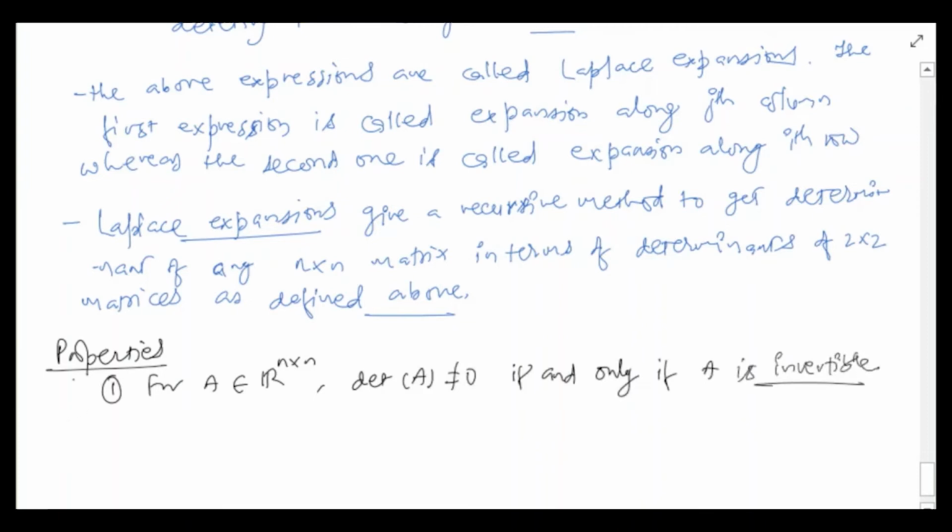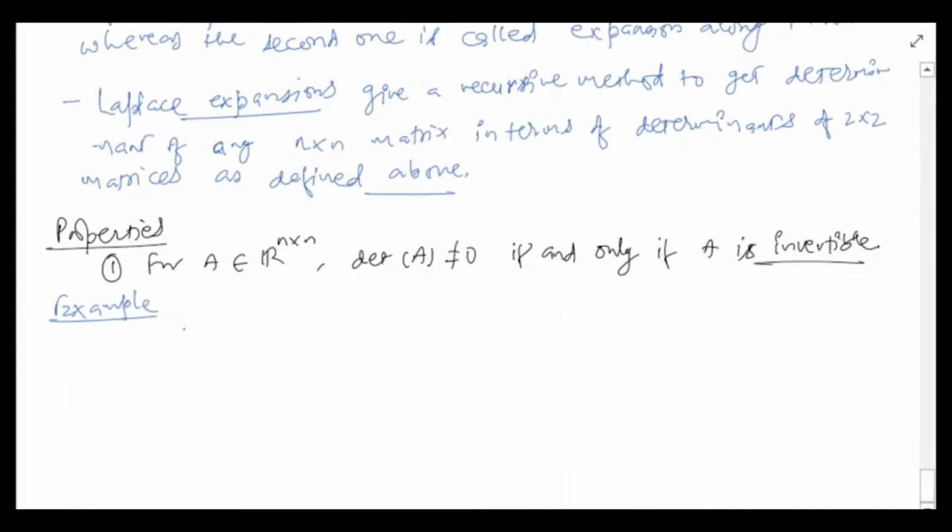Let's take an example. Recall the following matrix that we had considered earlier also. It was 1 0 3, 0 0 1, 1 0 5. This matrix is not invertible.